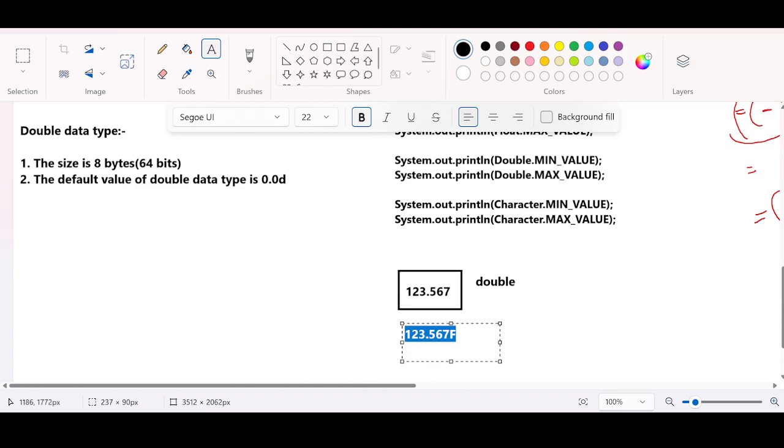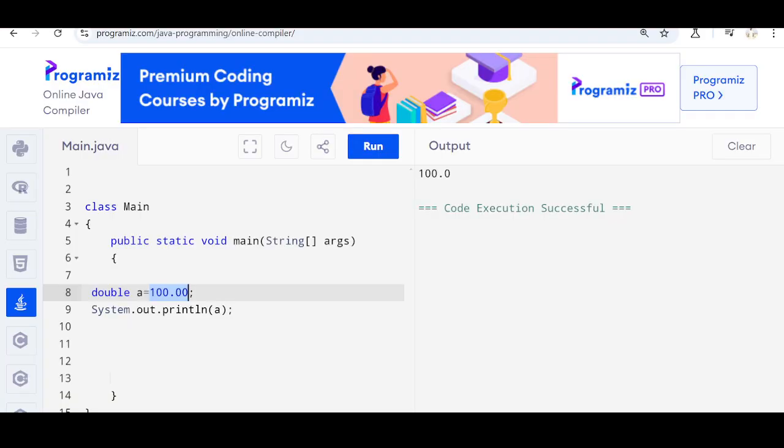It means you are giving a specification that this is representing the float data type. You are trying to use the float data type. If you're not suffixing this with any other letter, by default it will be considered as double. But still you as a developer have an option to suffix it with d, small d or capital D. There will be no issues.